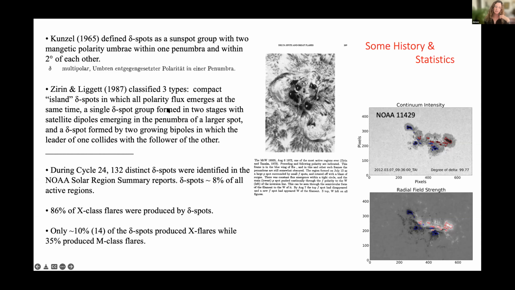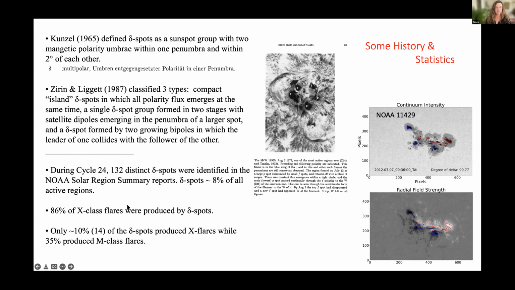So for solar cycle 24, there were 132 distinct delta spots identified in the NOAA solar region summary reports. Basically 8% of all active regions were deltas. 86% of X-class flares were produced by delta spots.